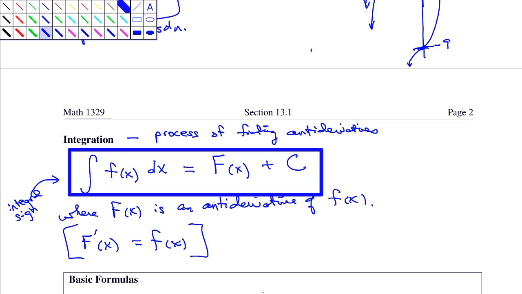The f is called the integrand. And as mentioned, the x is the variable of integration.